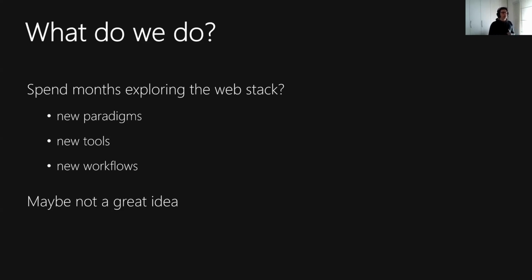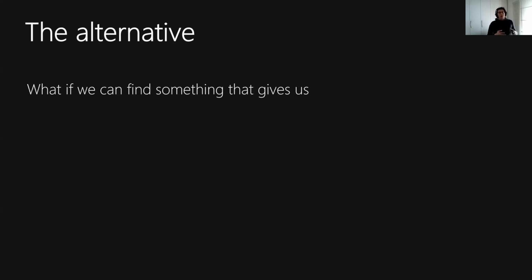Maybe something that gives us a way to implement that core component, those protocols. And then while we are implementing that, we also learn about the web stack. Now that alternative should give us JavaScript output because it's essential for VS Code.